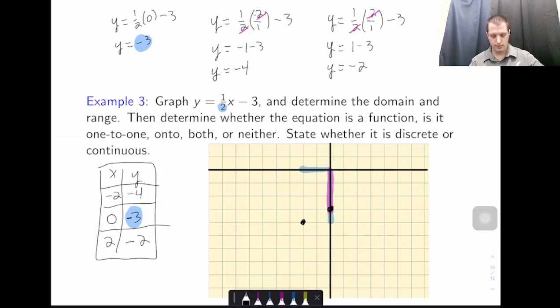Now I'm going to go 2 in the x, and I'm going to go -2 in the y, and I'll get my third point. And lo and behold, I've got 3 dots that are lined up. Let's see if I can make a straight line. That works. A little bit off, but that works.